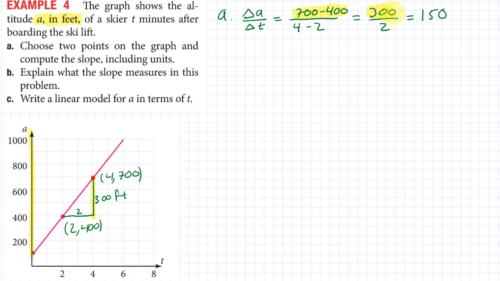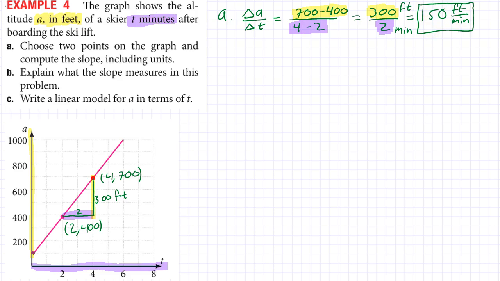And the number 2, well, the units of t, we're talking about a change of time there. The units of that number 2 should be the same as the units of the t-axis, which is minutes. So that number is going to be 2 minutes. So that should now represent 150 feet per minute.